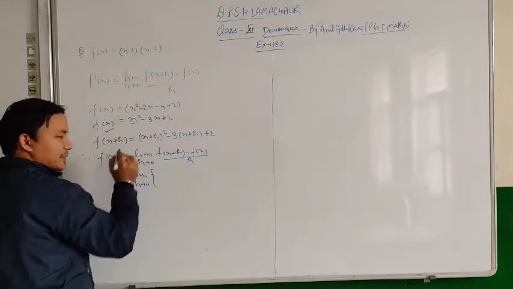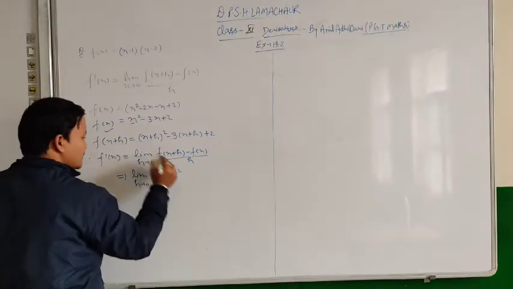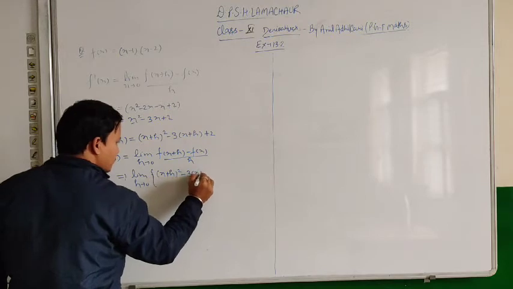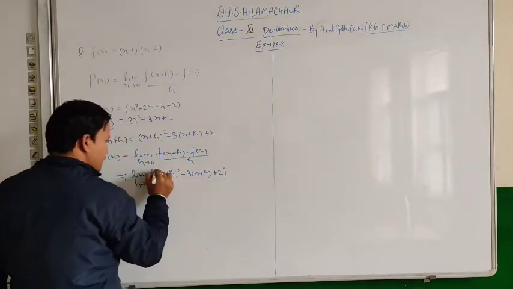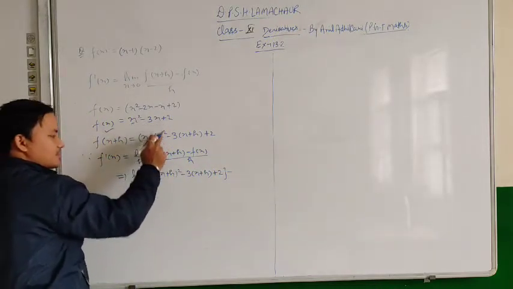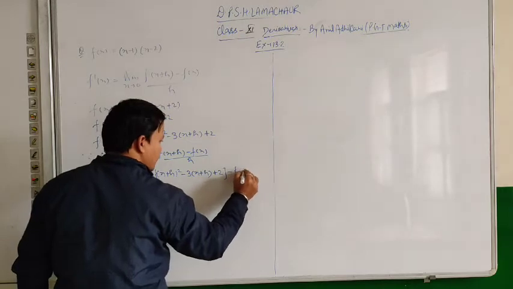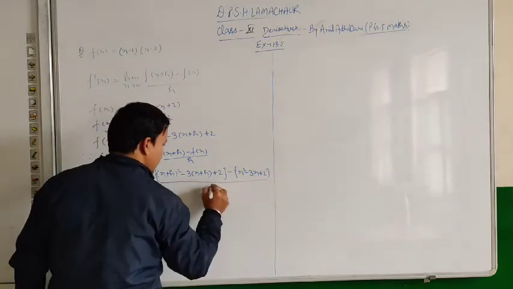So we get x plus h whole square minus 3 times x plus h plus 2. Okay, this is the first one, minus what is f of x? x square minus 3x plus 2, divided by h.